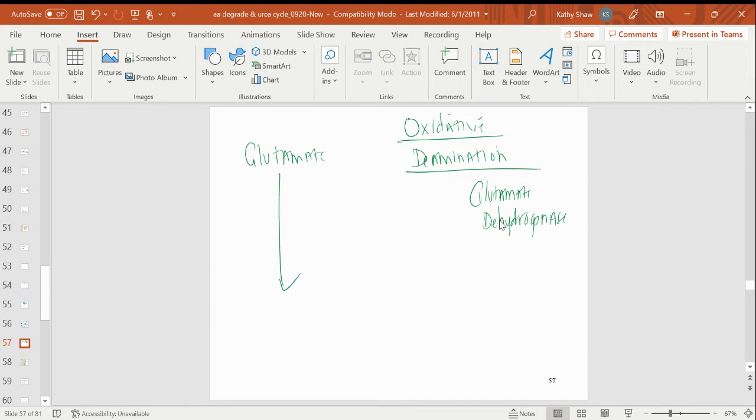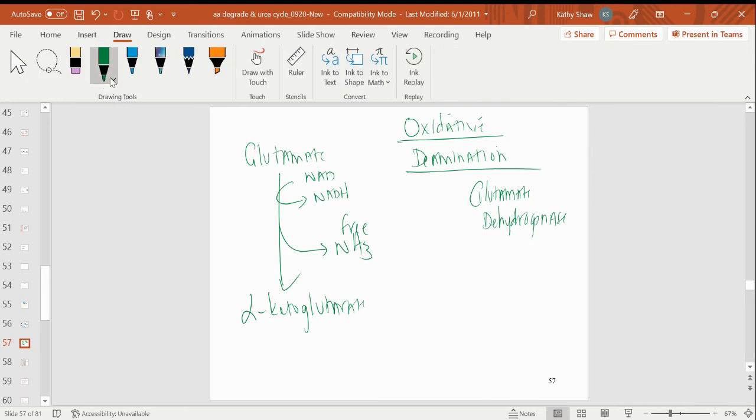I'm going to take the glutamate and oxidize it back to alpha ketoglutarate, while I deaminate it, take that free ammonia off. And while I'm oxidizing, remember I always have to reduce. I can't oxidize without reducing. I can't reduce without oxidizing. So I'm going to reduce an NAD to an NADH. Now I have this free ammonia. I can take the free ammonia, send it to the urea cycle, and get rid of it.